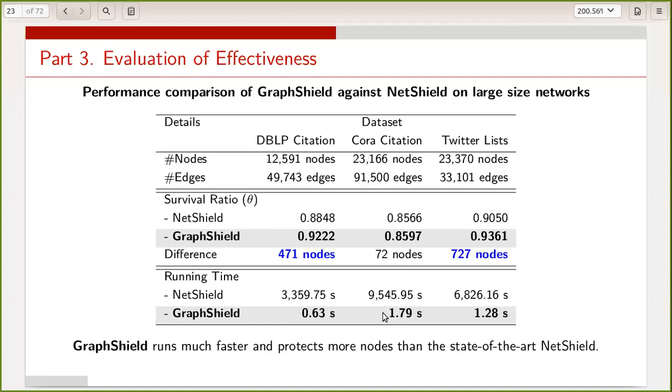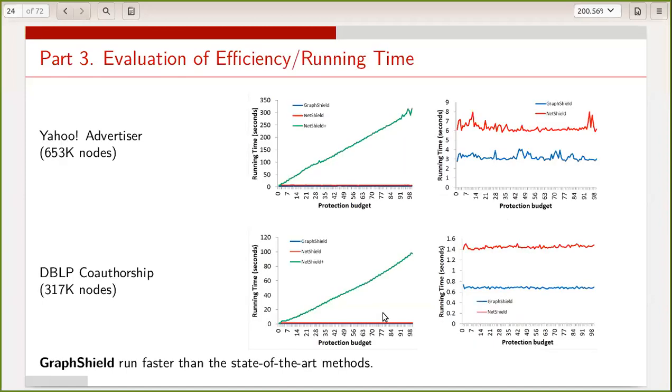Right? So GraphShield runs much faster and protects a little bit more than NetShield, even if not that much, but it runs faster. Right? Okay. So compared on a larger graph, for example, 16,000 nodes, this is the graph of Yahoo Advertiser.